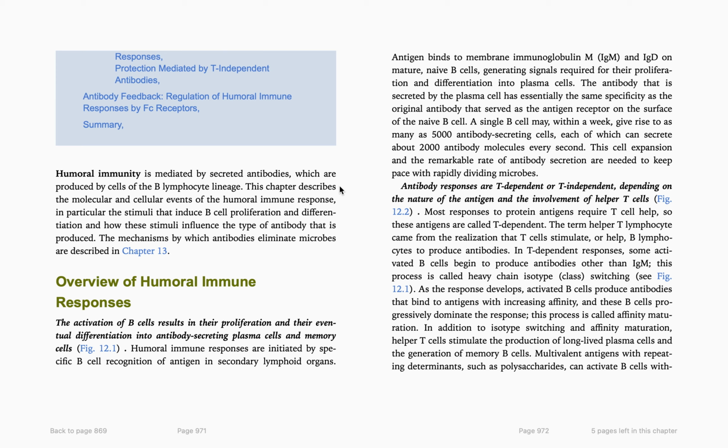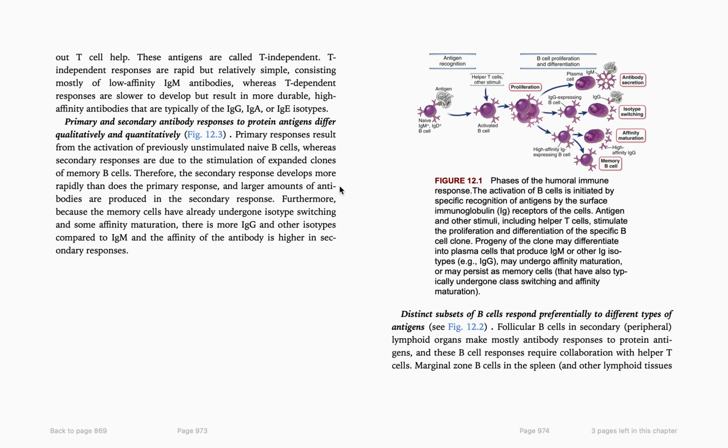This process is called affinity maturation. In addition to isotype switching and affinity maturation, helper T cells stimulate the production of long-lived plasma cells and generation of memory B cells. Multivalent antigens with repeating determinants such as polysaccharides can activate B cells without T cell help.